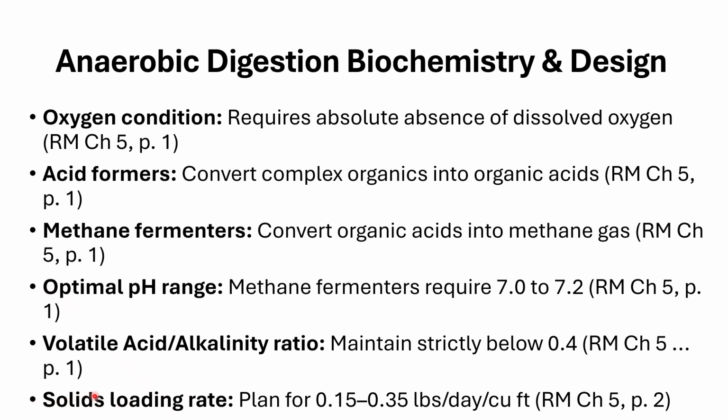Now the solids loading rate, we want to plan for this process of anaerobic digestion. We want 0.15 to 0.35 pounds per day per cubic foot. Okay, so we're dealing with cubic feet versus gallons here. So that's what the concentration of solids coming into our digester on a daily basis must be for this anaerobic digestion to work well.